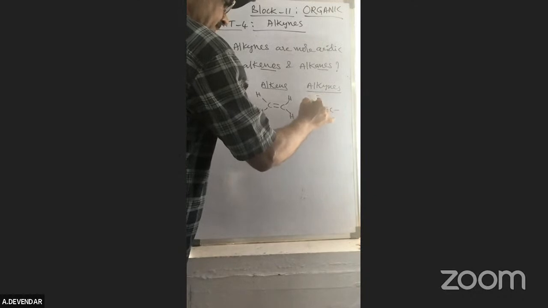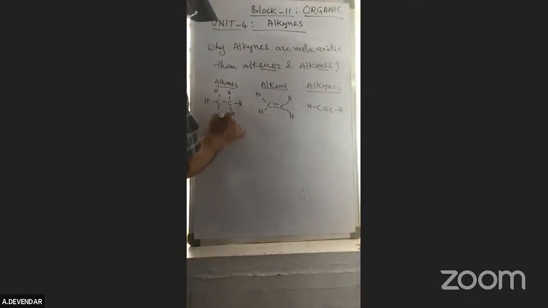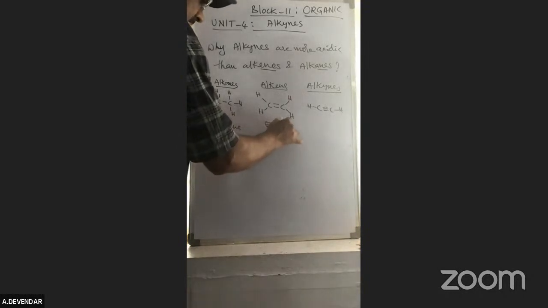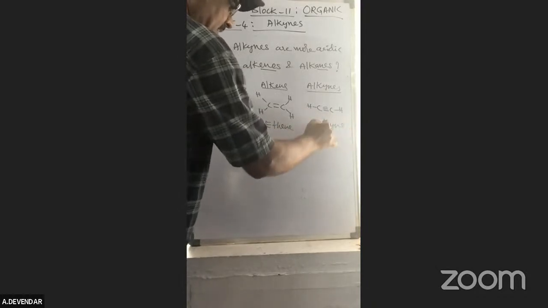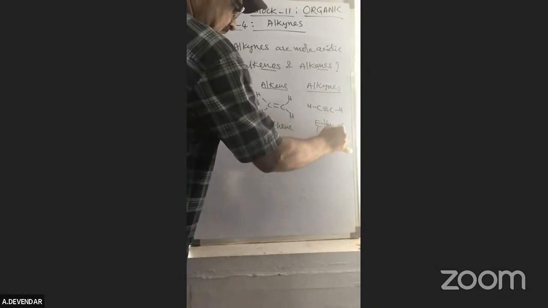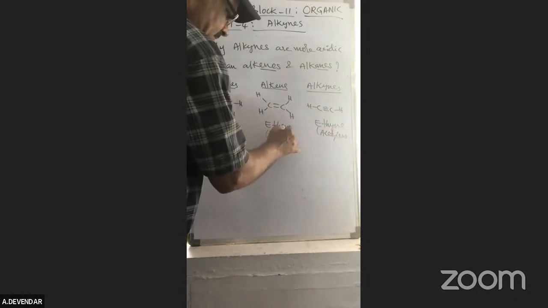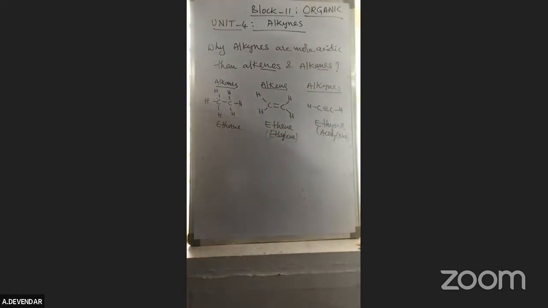Where a triple bond is there, this is ethyne. So it is ethane, it is ethene, it is ethyne. The common name is ethylene, I'm putting it in brackets.